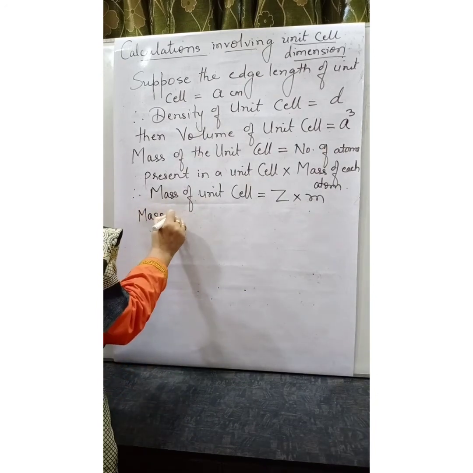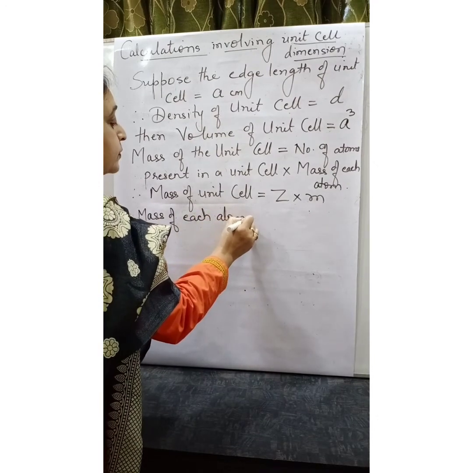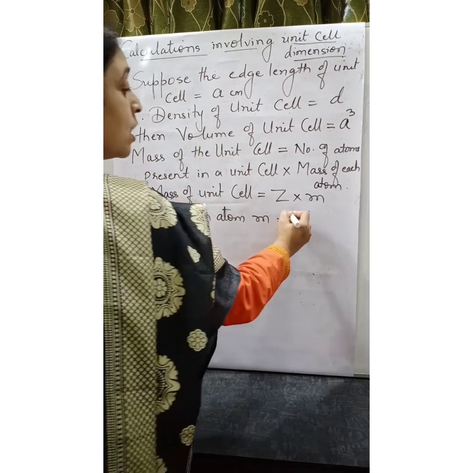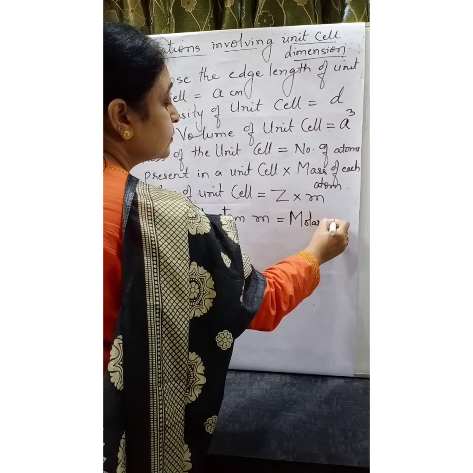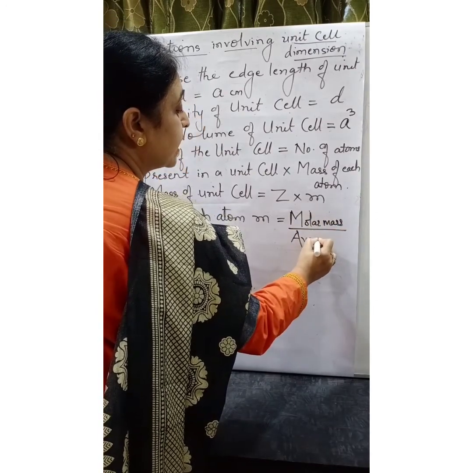Mass of each atom, m, can be calculated as molar mass upon Avogadro constant.